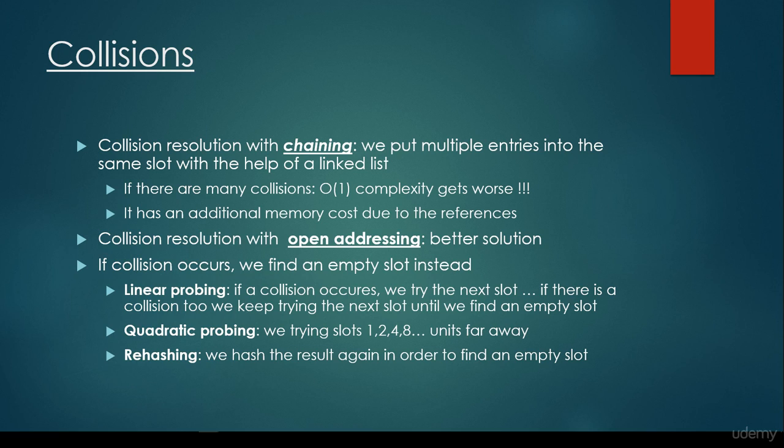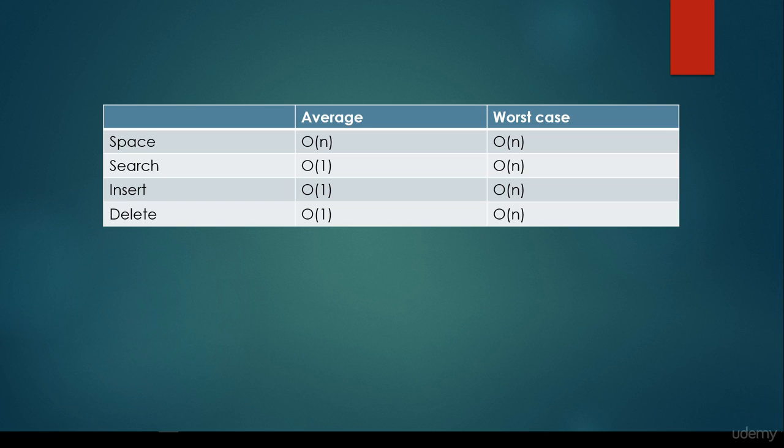And one of the most important open addressing techniques is rehashing. We hash the result again in order to find an empty slot. So if we end up with an array index that's not empty, then we are going to use the hash function again. So this is the so-called rehashing. Okay, so we come to the conclusion that the space complexity is going to be linear, of course, because we have to store every item, no matter if it's an array, a linked list, or a hash map.